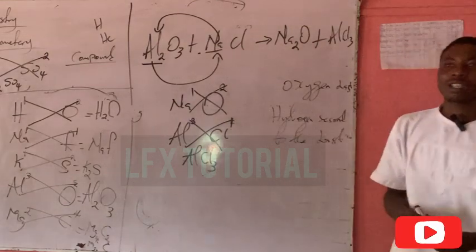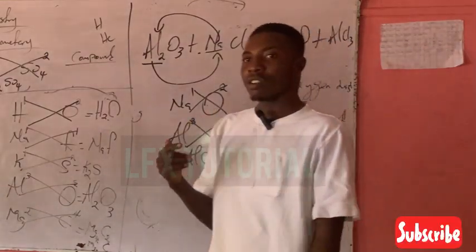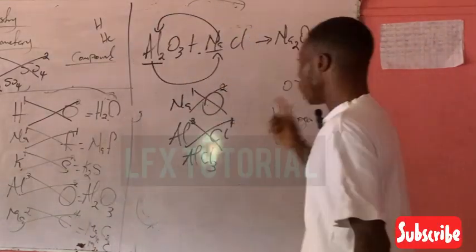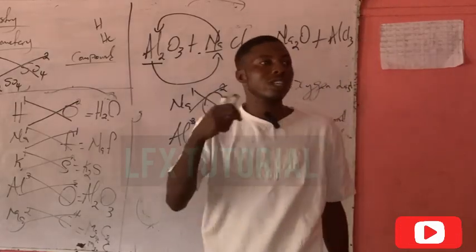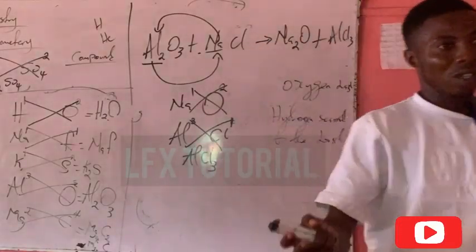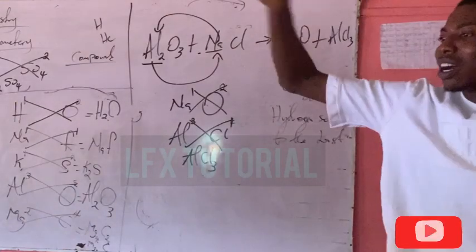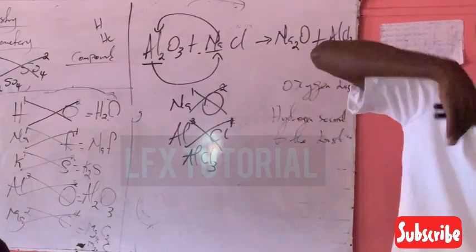These are the major things you have to put in mind. Balance oxygen last, hydrogen second to last. Then you can balance any other element that comes.